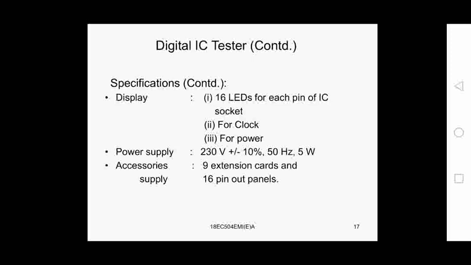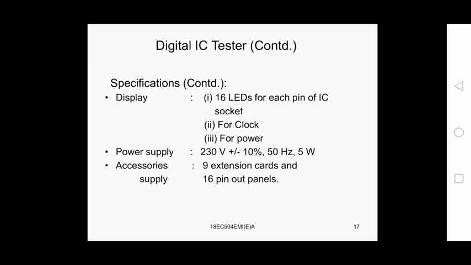You can have 16 LEDs for each pin of the IC sockets, based on the thumb wheel switch positions. The 16 LEDs are connected to the 16 thumb wheel switch positions.